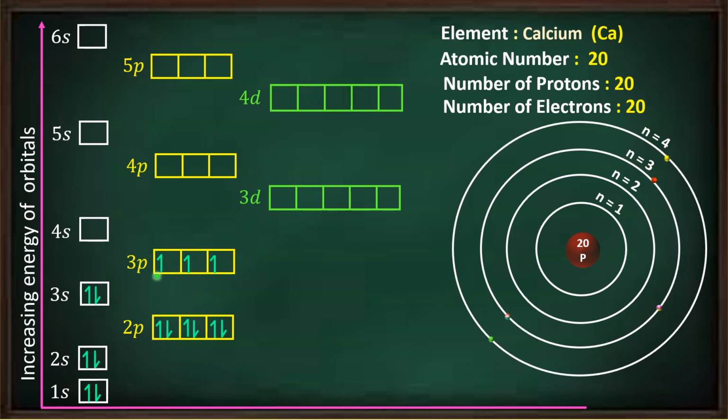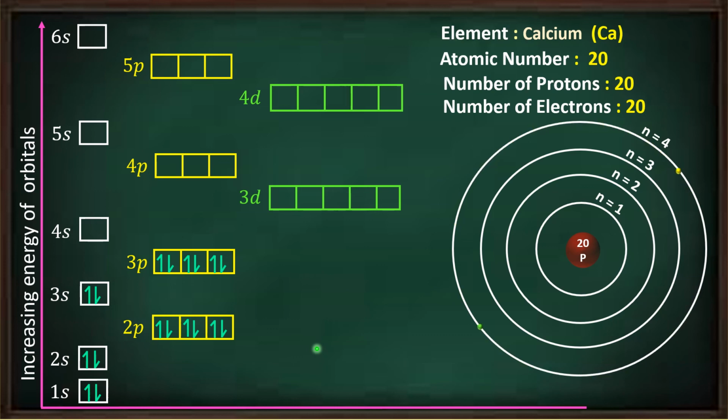Then pairing will take place from the next electron onwards. 16th electron will pair up with this electron, 17th electron will pair up with this electron, and 18th electron will pair up with this electron. So totally 18 electrons have been filled.